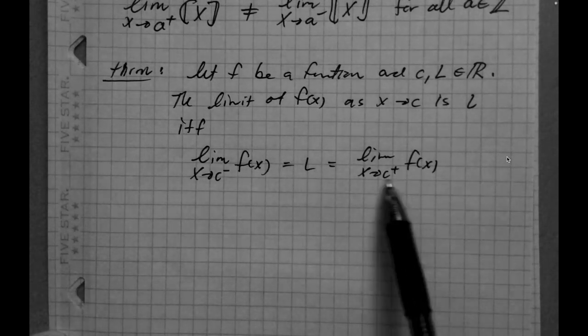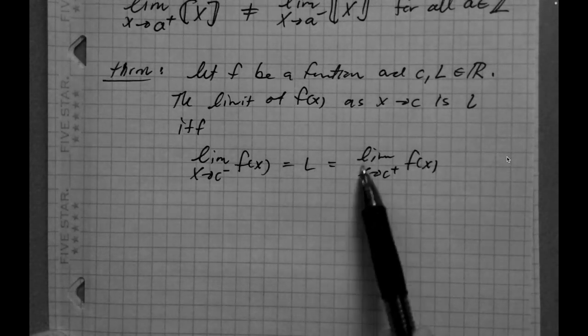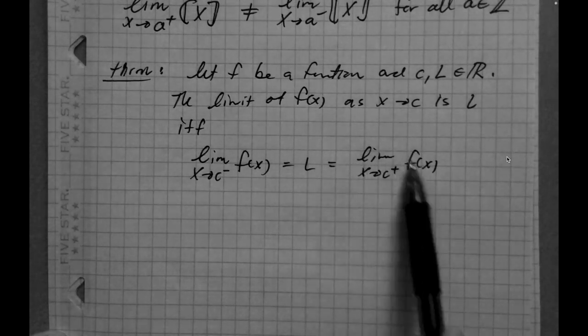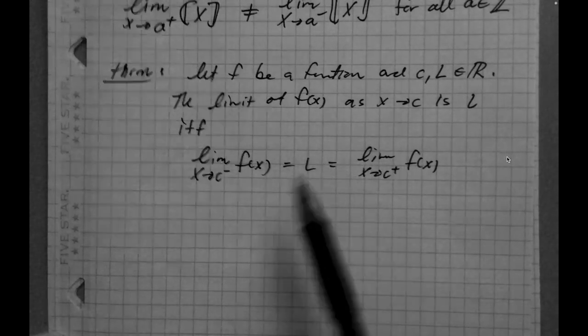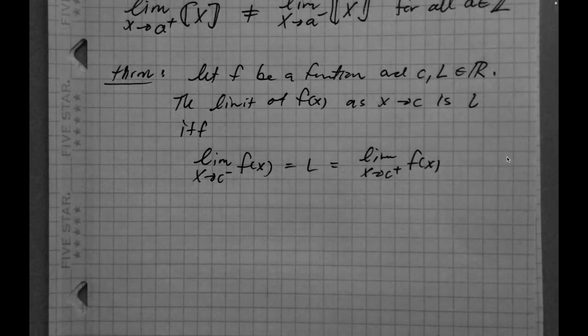If the function approaches L from the right as x approaches c from the right, then of course we say that the limit is L there too. So this is basically a slightly more thorough treatment of the definition of a limit that we have seen already.